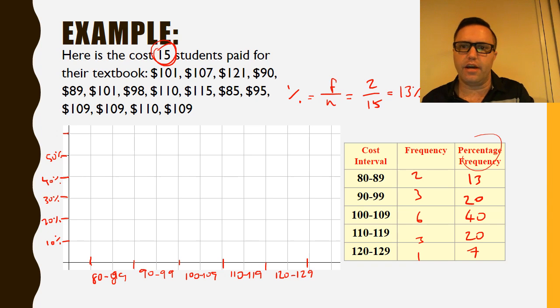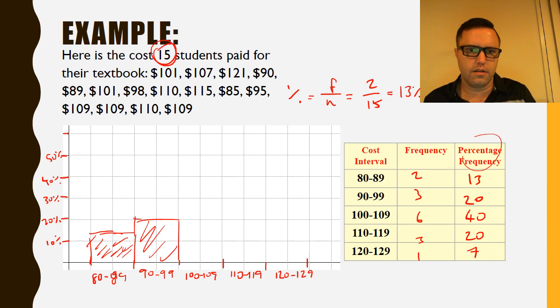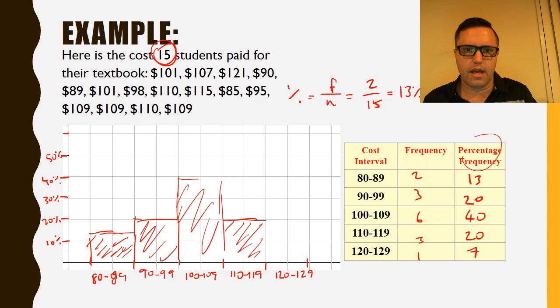Okay, so our first one goes up to 13%. So that's up to about here-ish. There's our first interval. The next one's up to 20%. Next one's up to 40. Then up to 20 again. And then lastly to 7.